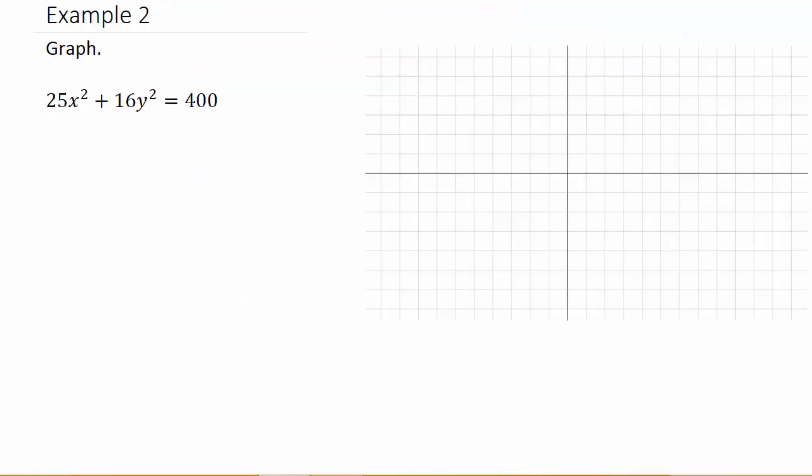Okay, so let's go ahead and take a look at our example. We want to graph this. We've got 25x squared plus 16y squared equals 400. Well, if you remember what we just said, it has to equal 1, and this doesn't. So what we can do is divide by 400, because 400 divided by 400 gives us 1.